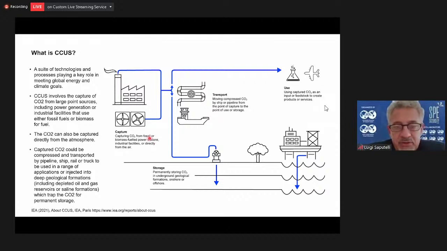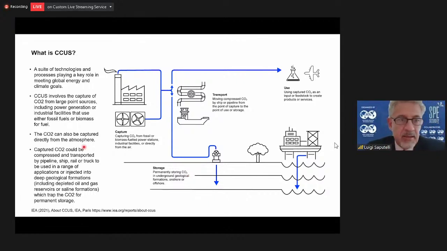If the utilization is not going to happen on the same site, it also involves the process of compression and transport. The captured CO2 may be used as feedstock for a variety of products, or for other services. The storage means permanently storing the CO2 in an underground geological formation, onshore or offshore.